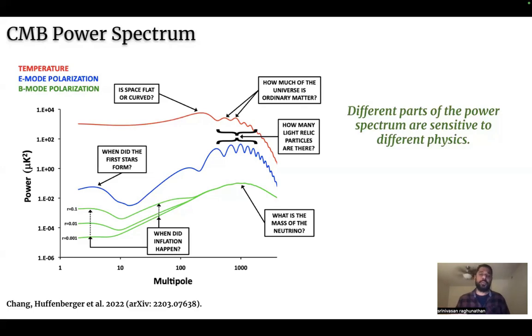For example, particularly for ground-based experiments, since we have high angular resolution, we are mainly probing the small scale information. And when we are probing the small scale information, we can learn a lot about light relics or neutrinos. So different parts of the power spectrum are sensitive to different physics, and measuring these will give us very good knowledge about cosmology.